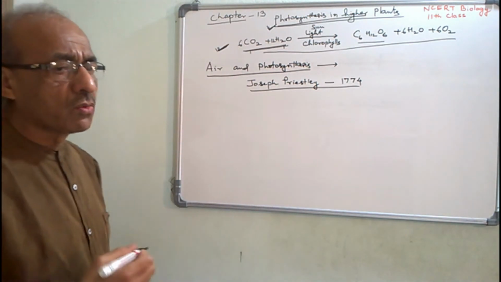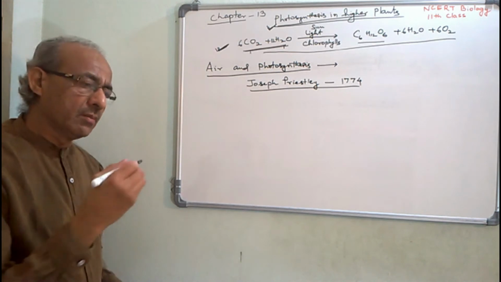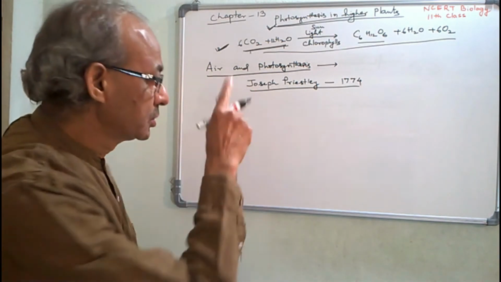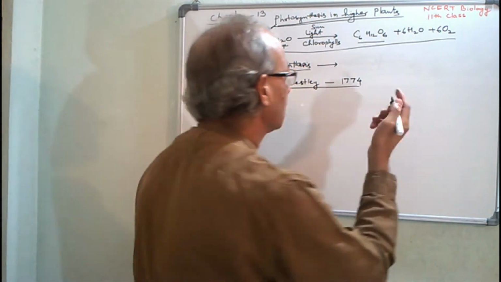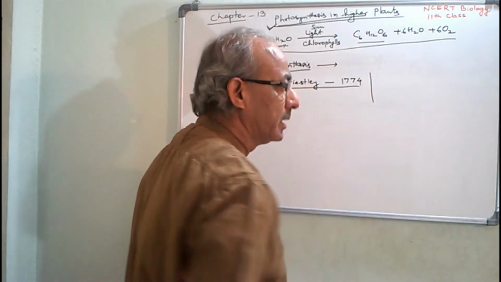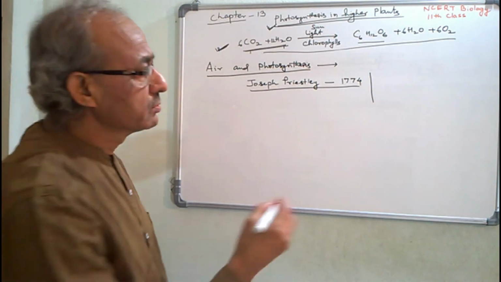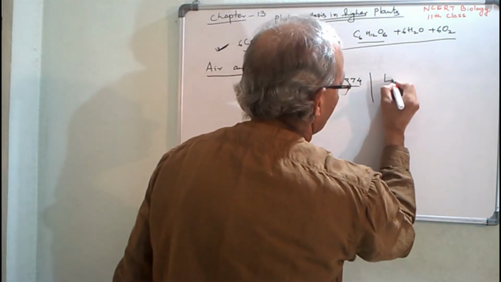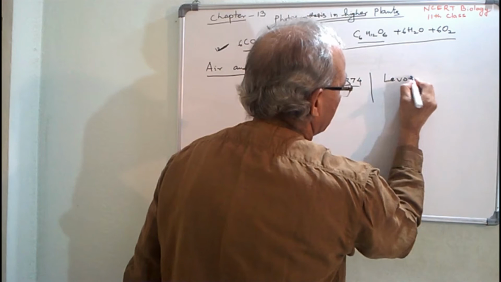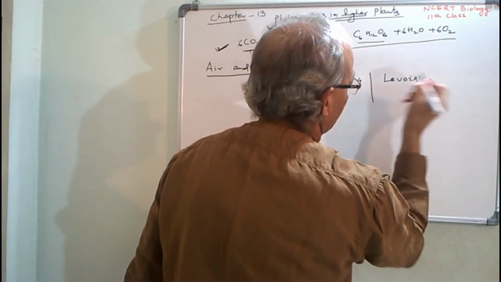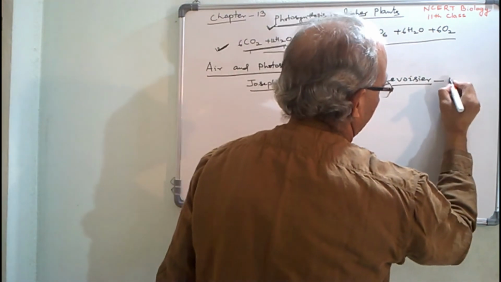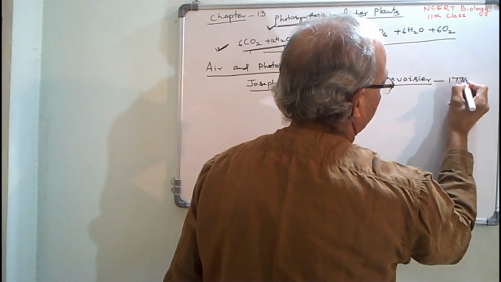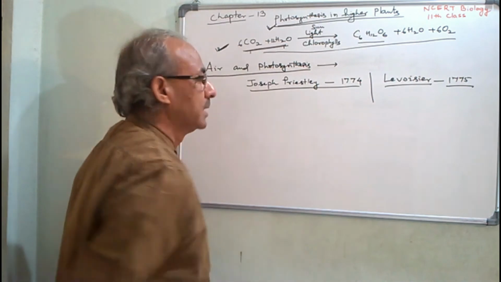But he did not coin the name of that particular gas as oxygen. After him, the name of oxygen was coined by another scientist, Lavoisier, in 1775, just 1 year after the experiment of Joseph Priestley.